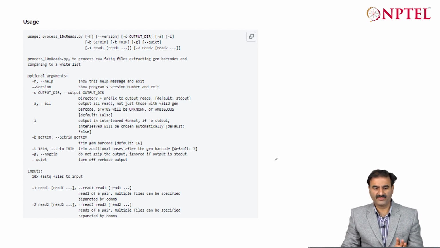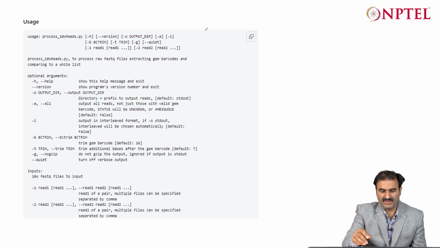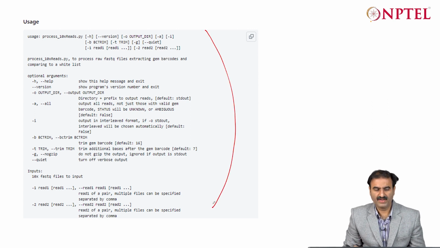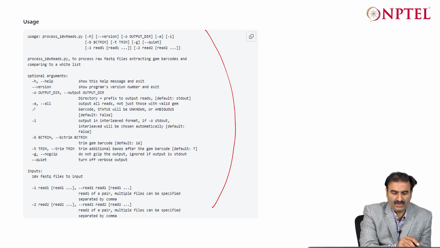These are the details of how you can use it, but the command that I showed in the previous step is the right one, and this can provide details of what you can do, like outputting all reads, not just those with a valid GEM barcode.